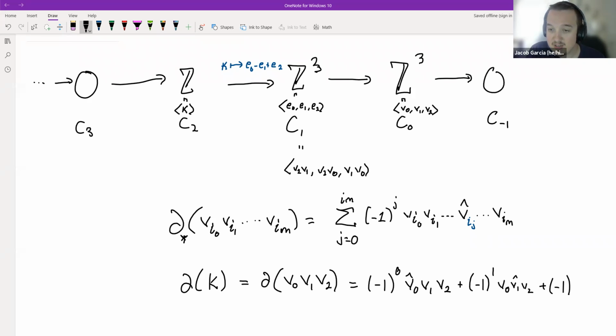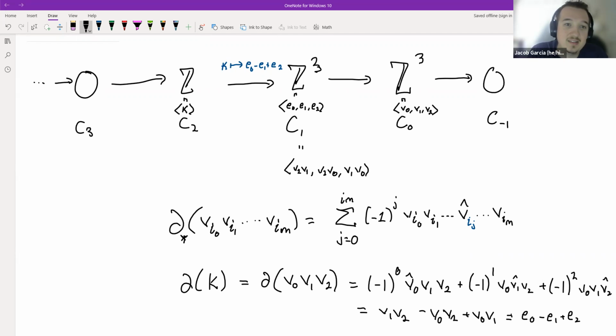Then (-1) squared, where V2 gets removed. And when I do the simplifying, I get V1V2 minus V0V2 plus V0V1. And these are exactly E0 minus E1 plus E2.